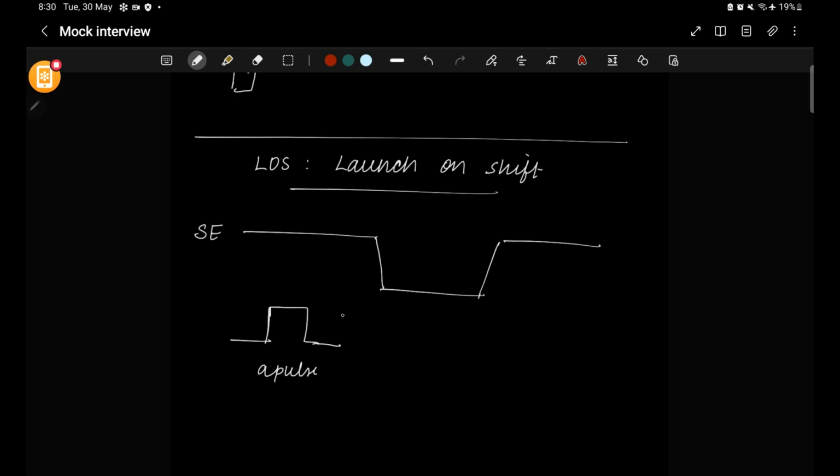And here one fast clock pulse will come during the shift phase itself. One fast clock pulse will come when scan enable is 1.